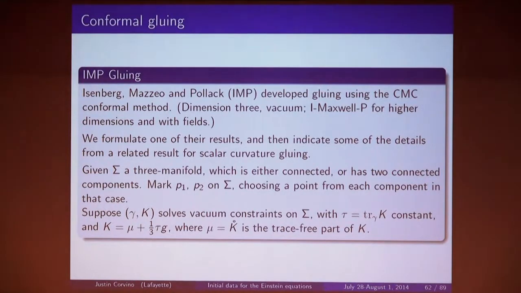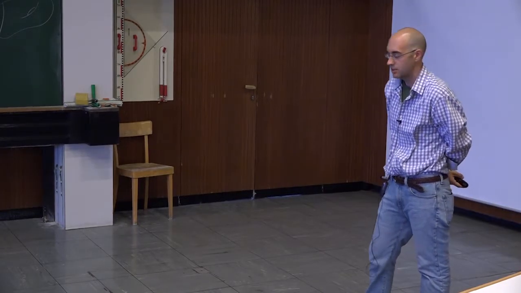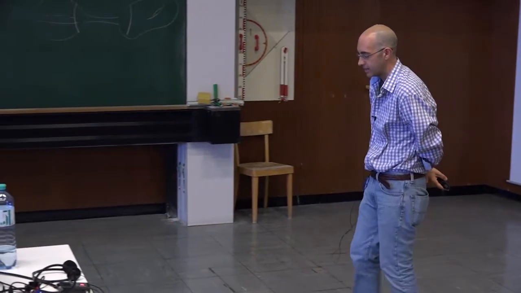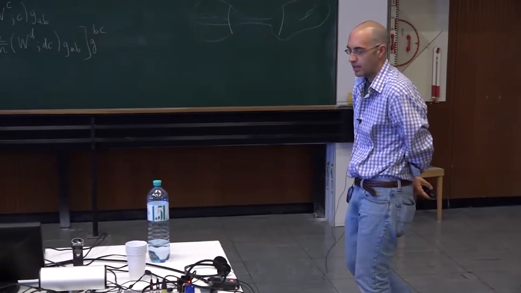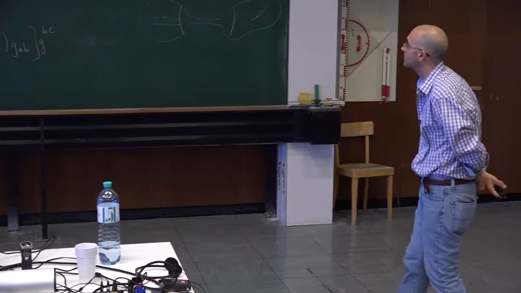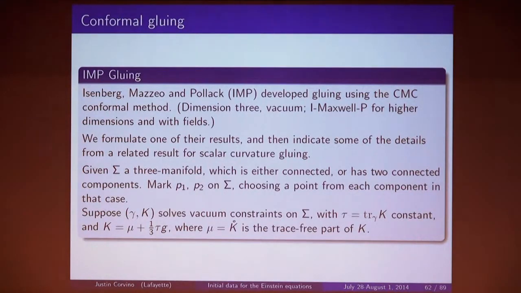I'll say just a slide or two about the IMP gluing, then mention a related result and try to throw out some of the ideas of the proof. It gets a little bit technical, but there's a few geometric ideas and PDE ideas I can mention, maybe give you an idea of the flavor of things.